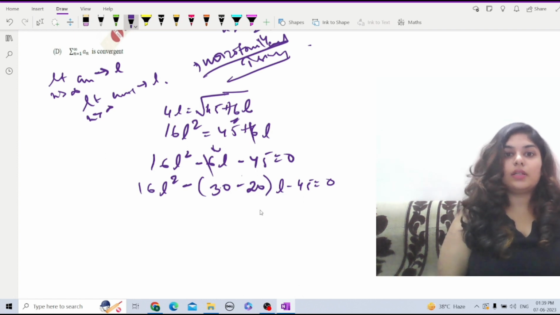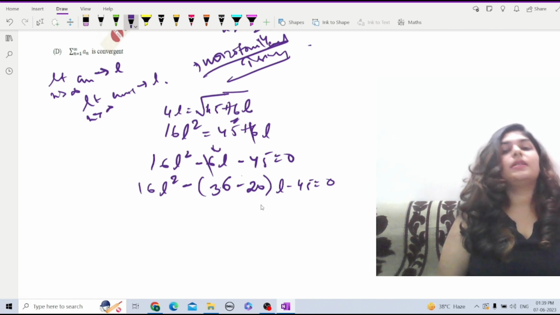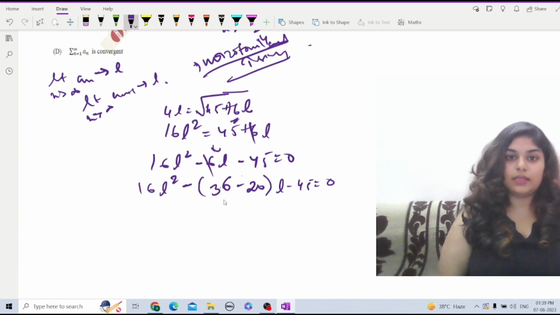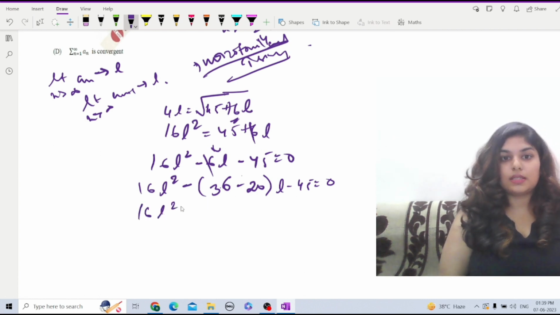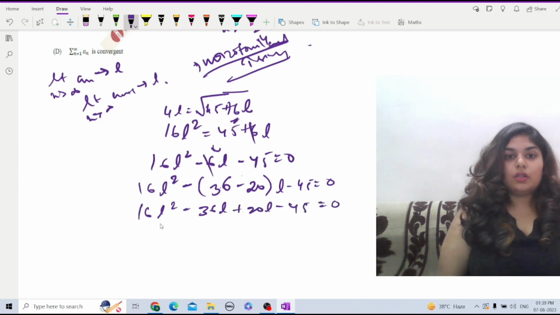So now let us take the middle term, that is basically 16L square minus 36L plus 20L minus 45 is equal to 0.